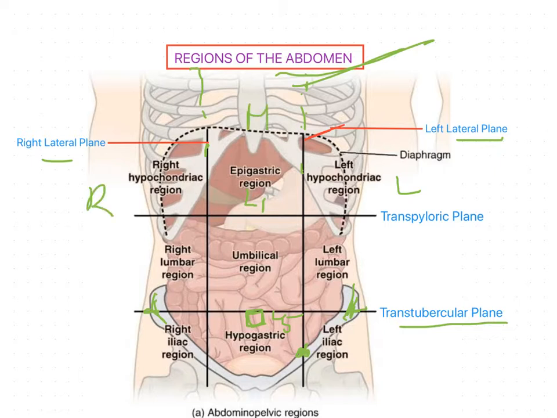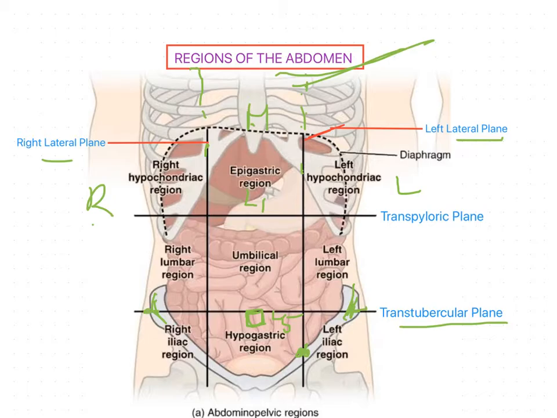So totally 9 regions are formed. Finally, the abdomen has 3 vertical zones: the median vertical zone, the right vertical zone, and the left vertical zone.